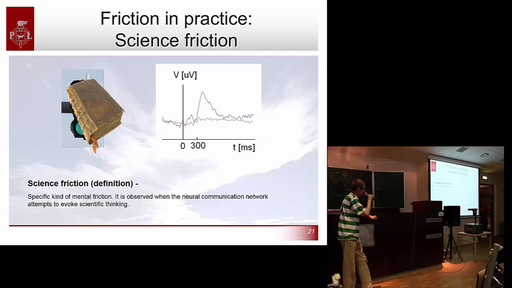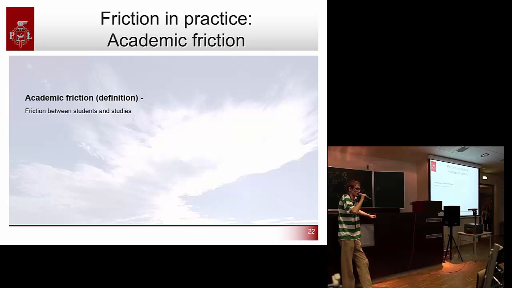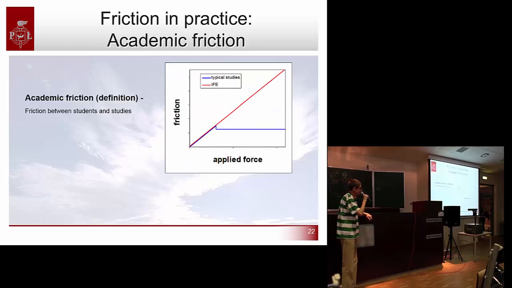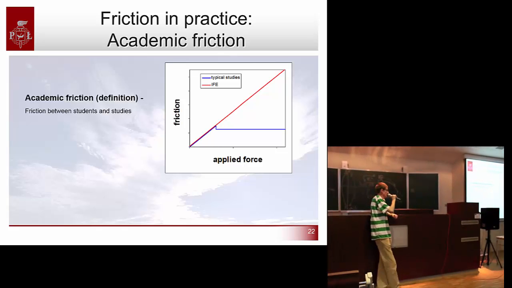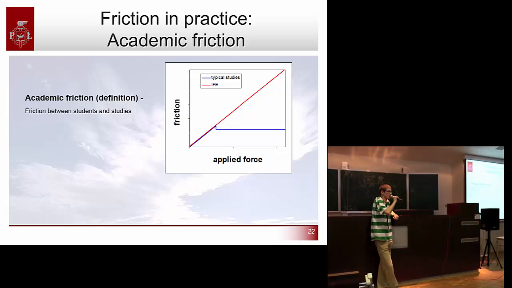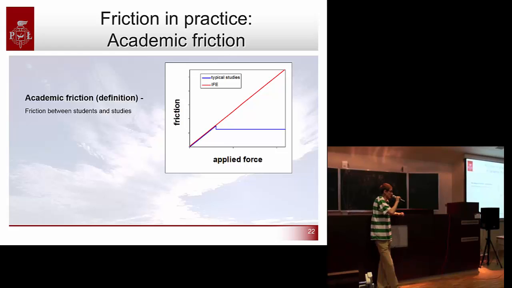Okay? The last thing is academic friction. Academic friction, according to the definition, is friction between students and studies. In normal studies, the blue line, the friction is similar to the typical mechanical sliding friction. In the beginning, it is very high because you need to pass the registration process.